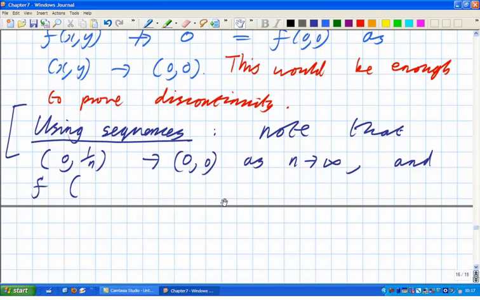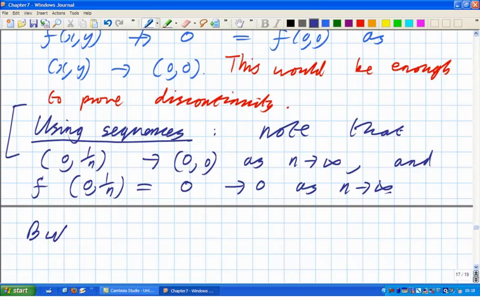And f of 0, 1 over n tends to 0. That's coming in along the y-axis, where x is 0, so that's 0. That tends to 0 as n tends to infinity.